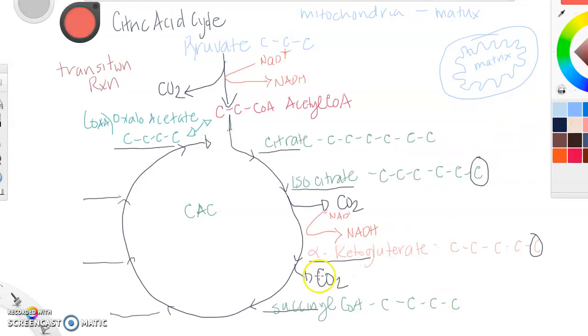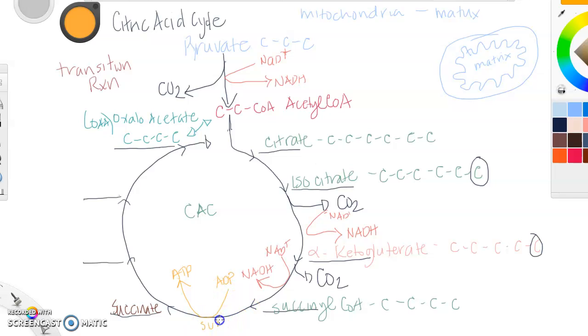With this as well, also going to get an NADH. Okay, so from succinyl-CoA, we're going to go on and we're going to get succinate. And in that reaction, we're going to end up getting an ATP. So we're going to end up going through substrate level phosphorylation and converting an ADP, adding a phosphate, and getting ATP there.